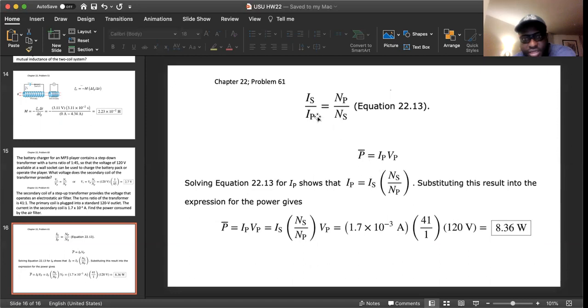The current from this one is IS NS over NP, from 22.13. Then put this here. So power becomes I primary, V primary. Instead of I primary, I have IS NS over NP, then times VP. I put everything there: the current in secondary times the number of turns in secondary over the number of turns in primary times the voltage in primary. That gives us the power that we have there.